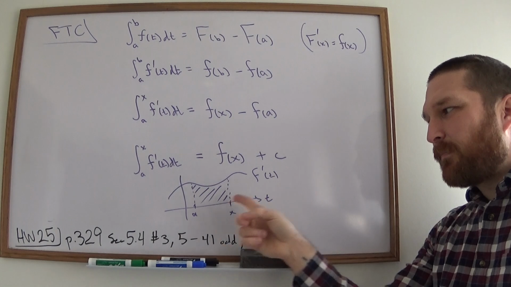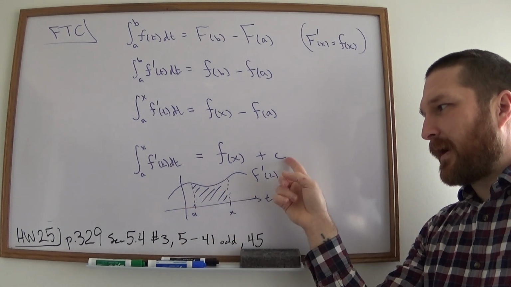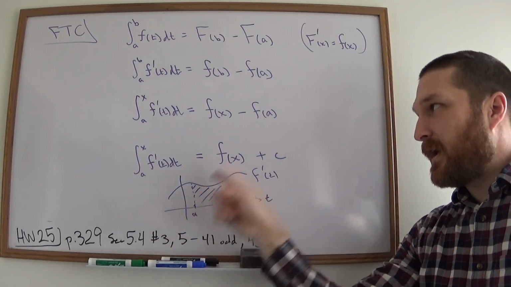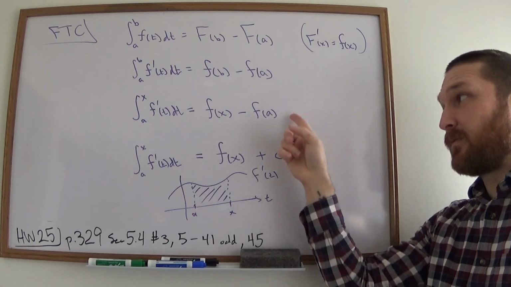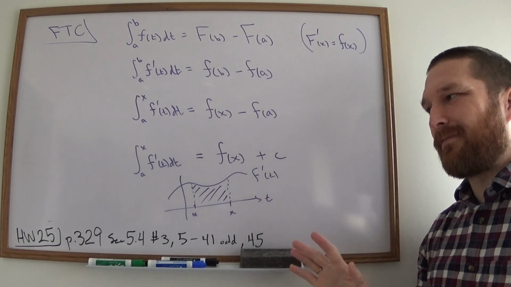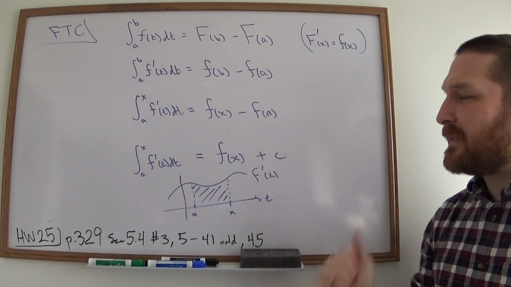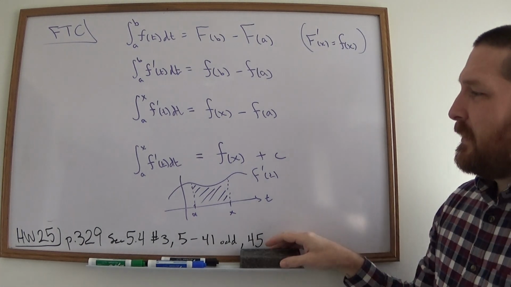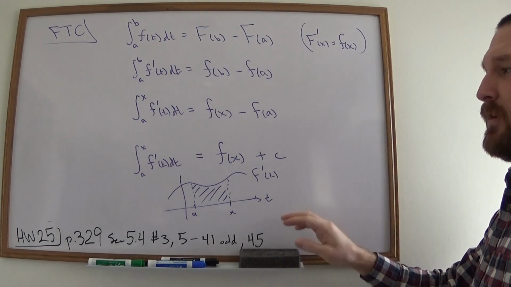And that c is going to depend on where a is, whatever that constant is. Change a, you're going to change c, because those things are related, but that's not really the point of what we're getting into today. What we're going to do is define a new thing.